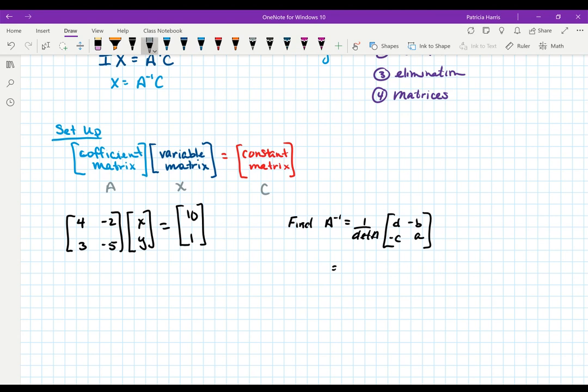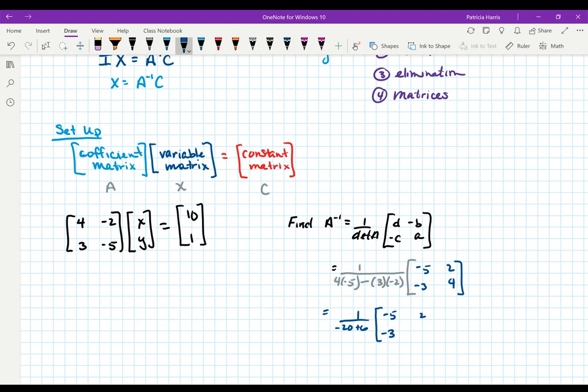Our determinant is going to be 4 times -5 minus 3 times -2. Then we're going to do -5, 4, switch, 2 and 3, change the signs. So now I have -20 plus 6 times.